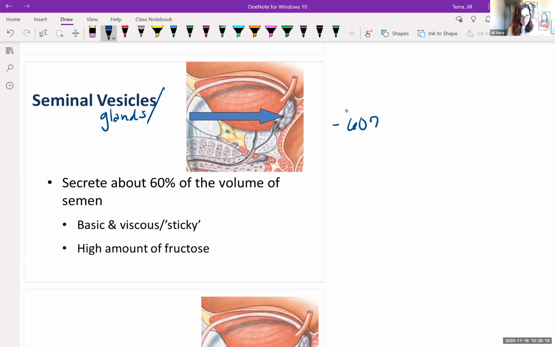This is about 60% of the volume of semen or the ejaculate. Okay, there are about 20 to 30 individual glands that are separated from each other by connective tissue.